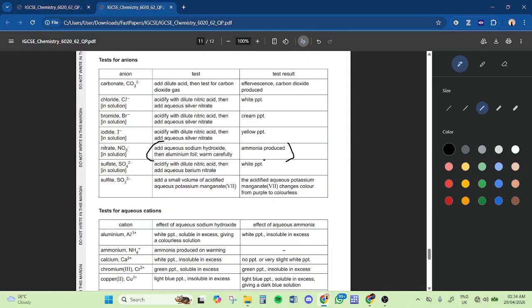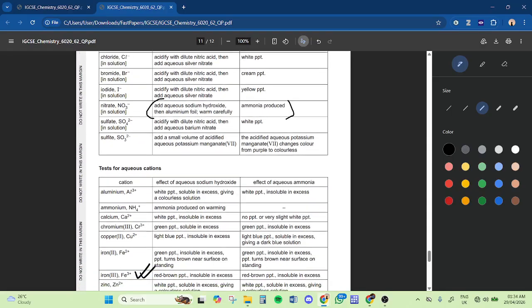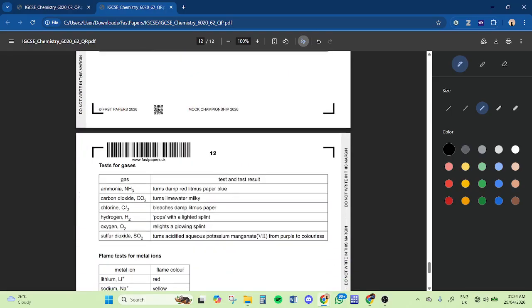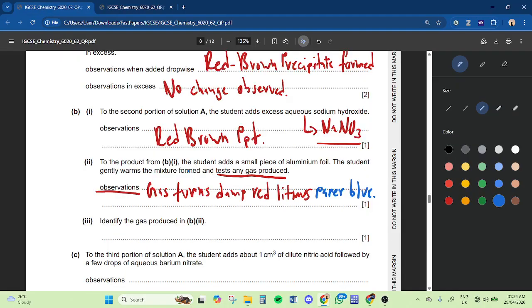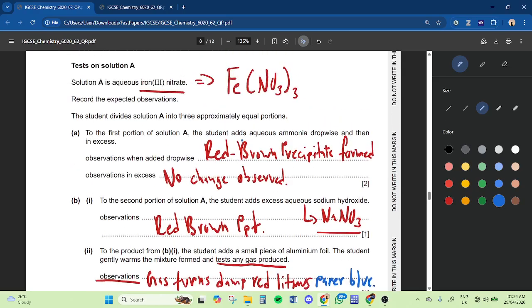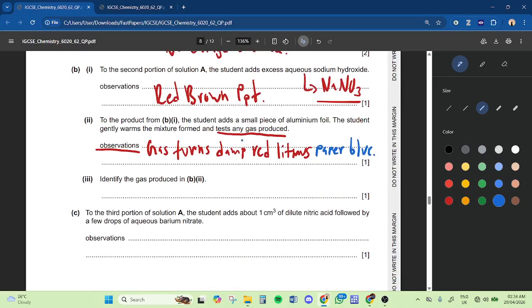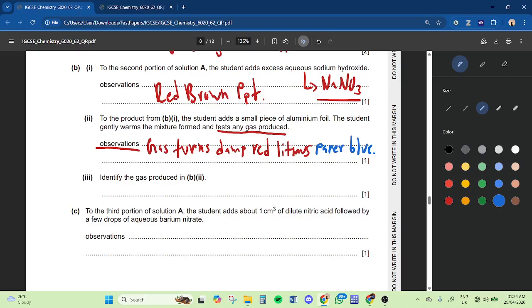Again, taken verbatim from here, that ammonia is produced, and ammonia is, if you go down over here, you even get the test for that. Turns damp red litmus paper blue. So you don't have to worry about it. It's all mentioned in the exam. Just make sure that you read this question properly and that you're getting the information that you need. So again, we know that this will be ammonia.